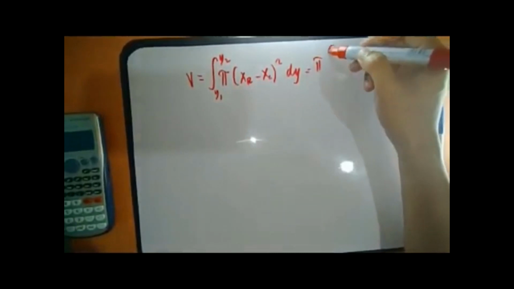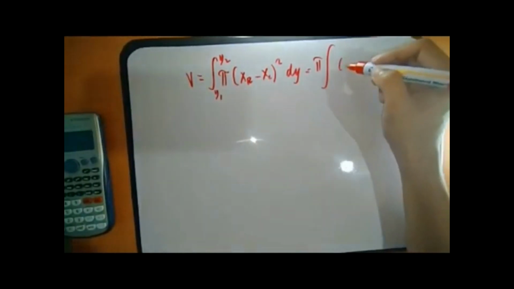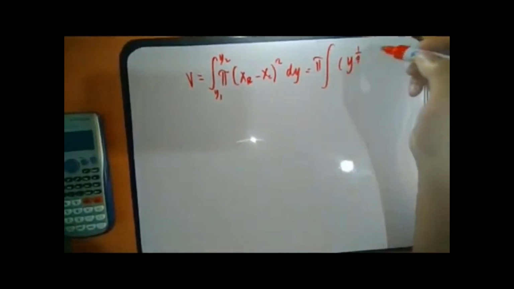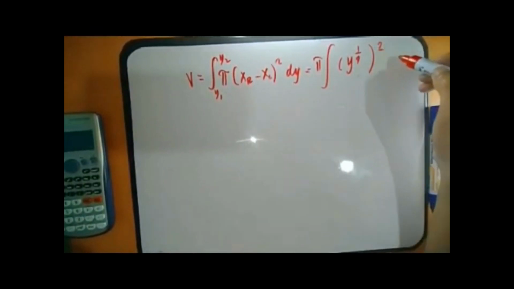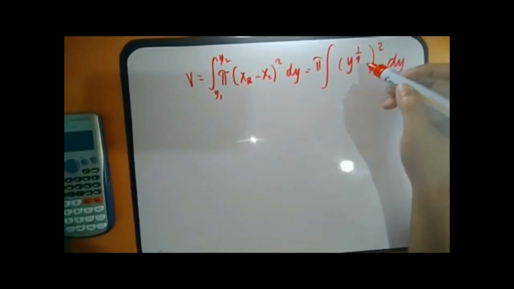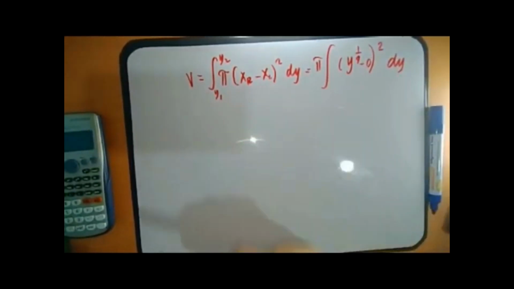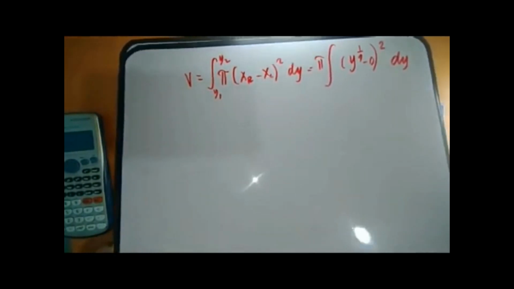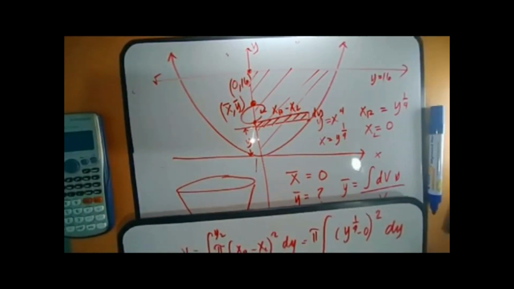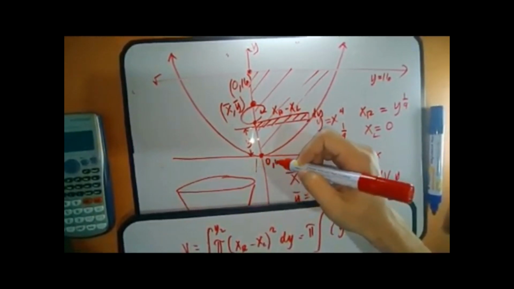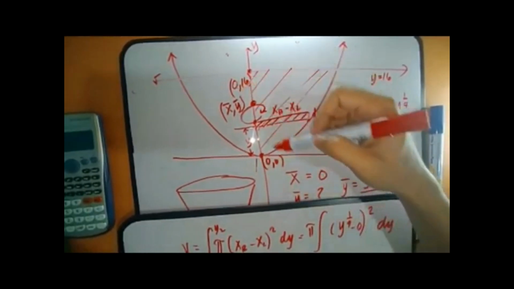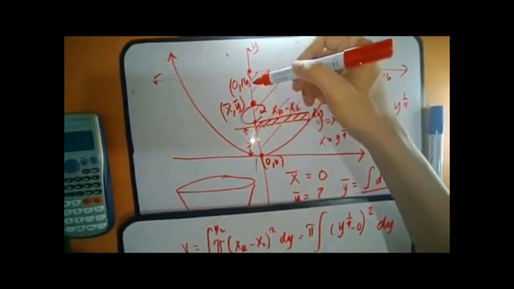So pi integral of, x right will be y raised to 1/4, minus 0, since our x left is 0, squared, differential of y. Now for our limits, let's look at the graph. We're on y, first quadrant only, meaning this is from 0 to, so this is (0, 0), and if this is (0, 16), therefore 0 to 16.